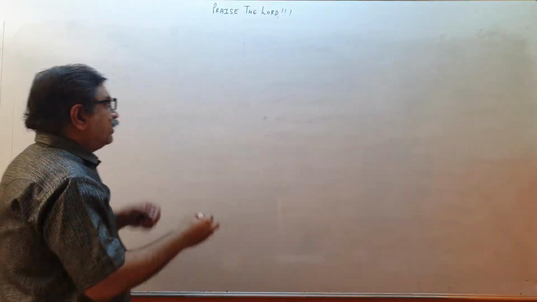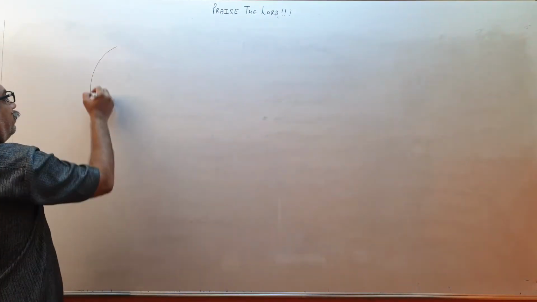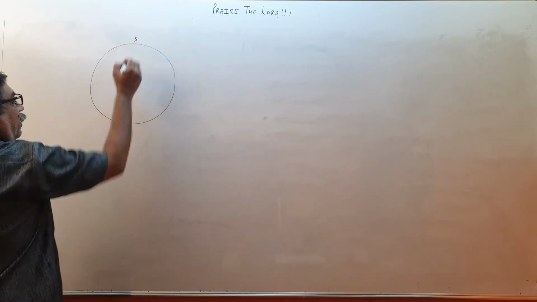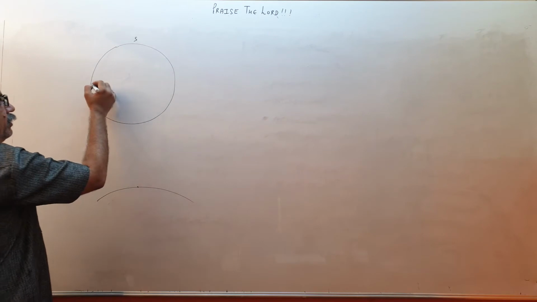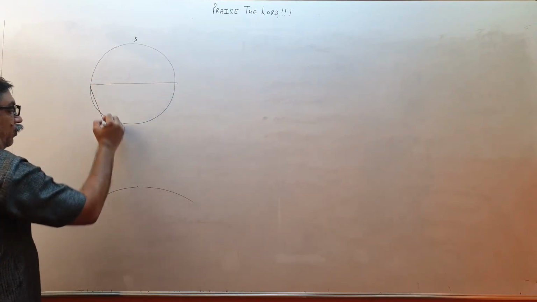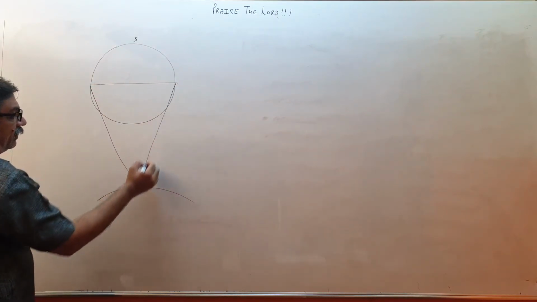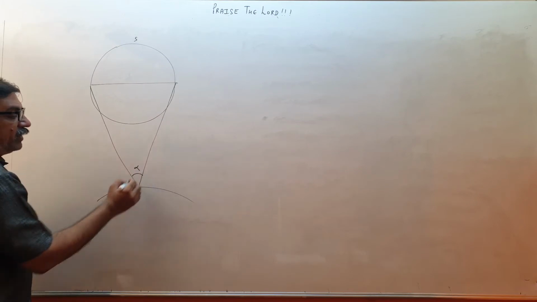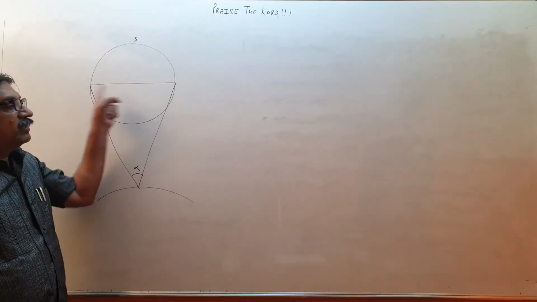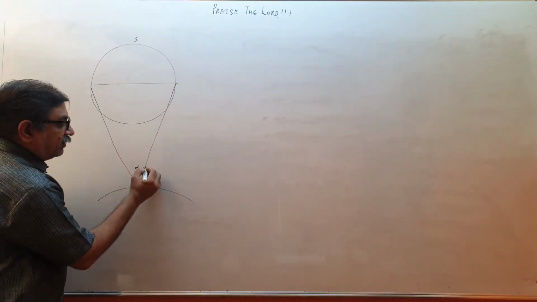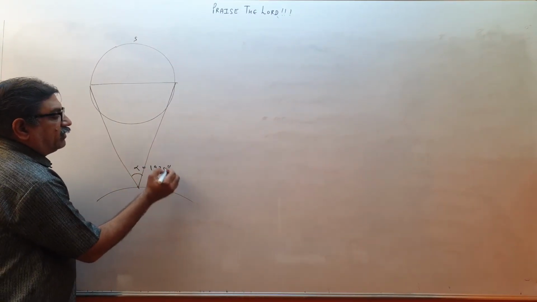It is said that the sun's angular diameter, this is the sun supposing and this is the earth. From any point of earth we are measuring the diameter of sun. So we look at the 2 endpoints of the diameter like this, and this angle alpha is called angular diameter. Angle made by diameter, therefore angular diameter. This is given to me as 920 seconds.